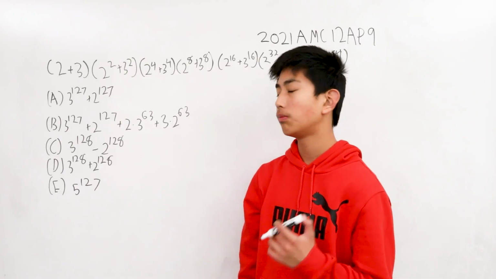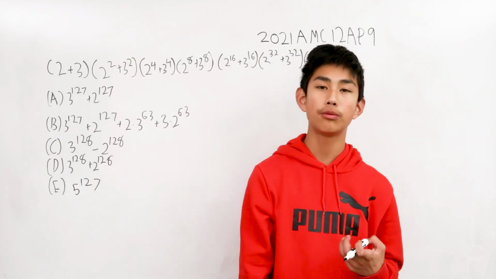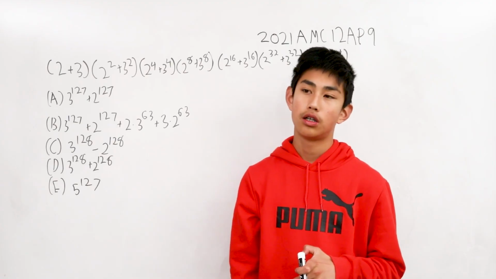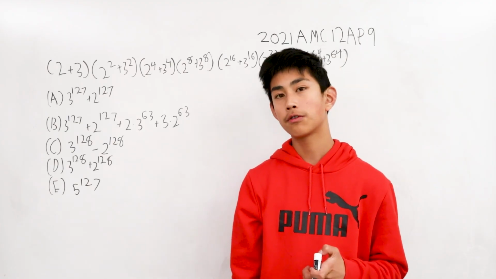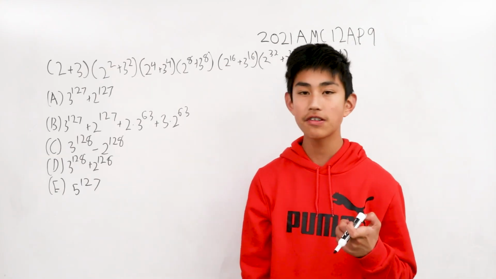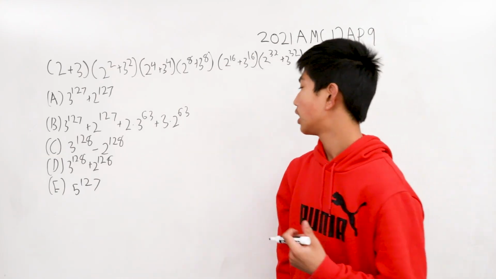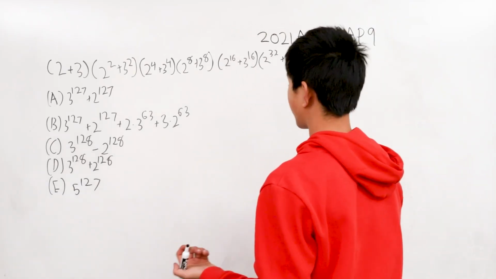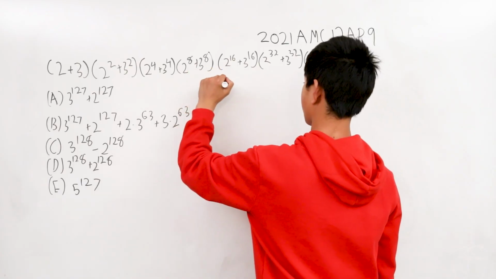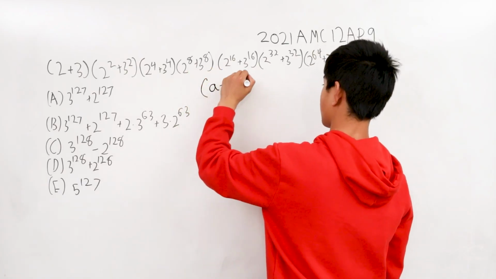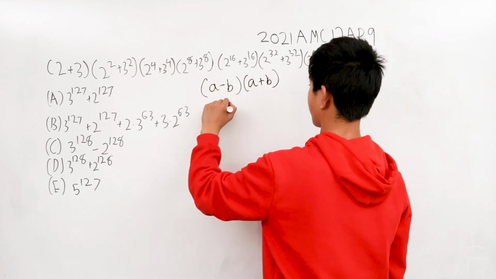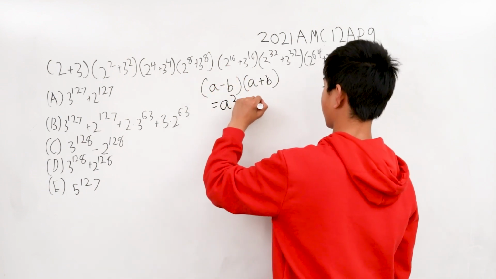And this problem requires a very valuable insight, one that requires the difference of squares formula. If you haven't been able to see it, the difference of squares, in general, is when there are two numbers, a and b, a minus b times a plus b is equal to a squared minus b squared.